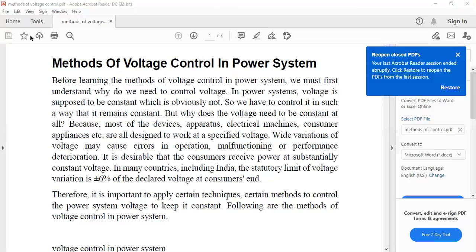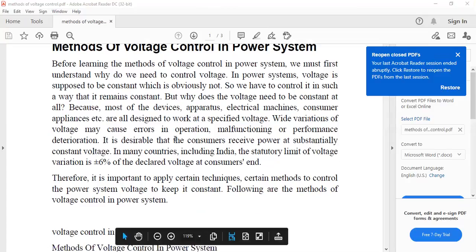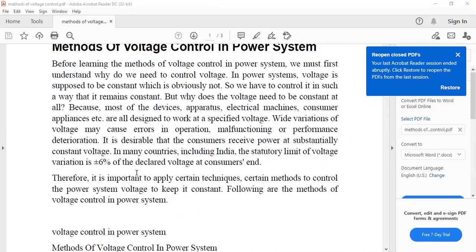Most probably, the main cause of these voltage variations in the power system is the load. Due to changes in the load, the voltage variations will occur. So it is mandatory to maintain the voltage almost constant, at least within plus or minus 6%. Within the tolerable limit, we have to maintain the voltage constant.